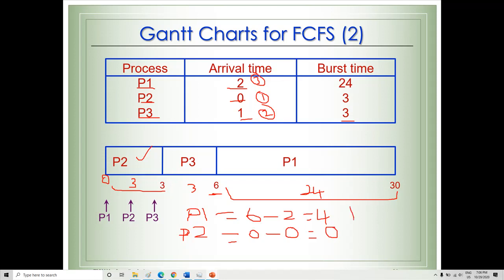Then process 3 is getting the CPU at 3 millisecond, its arrival time is 1, so its waiting time is 2. Total is 4 plus 0 plus 2 is 6 milliseconds. Average is 6 by 3, it's equal to 2.